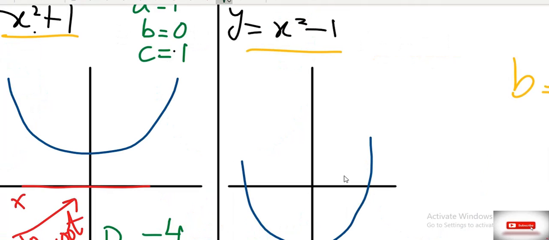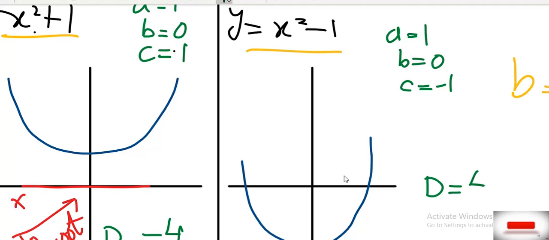Now let's come to the third one. For this, a = 1, b = 0 and c = -1. The discriminant will be equal to 4. The graph touches the x-axis at 2 points, which means there should be 2 roots.